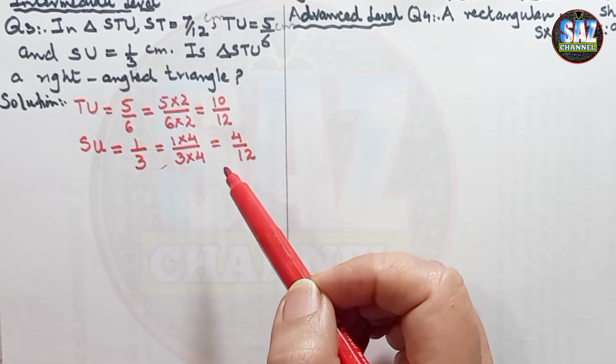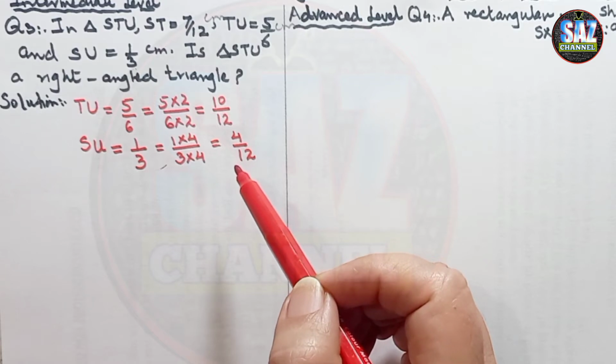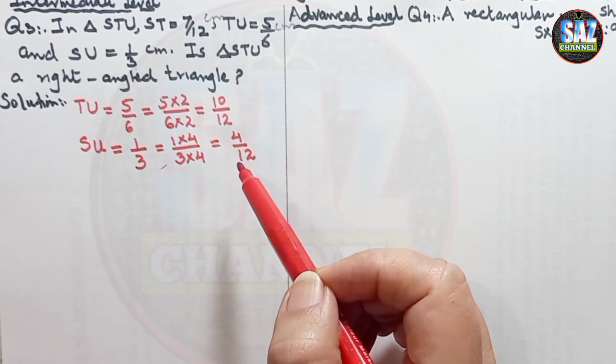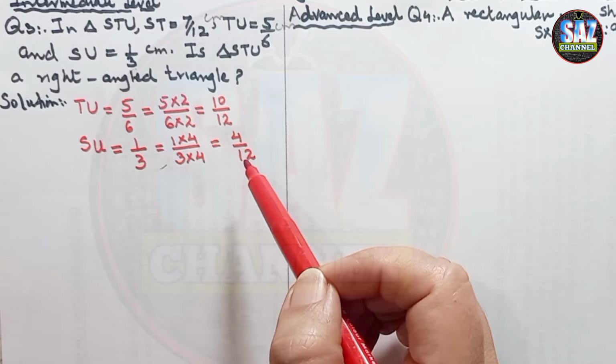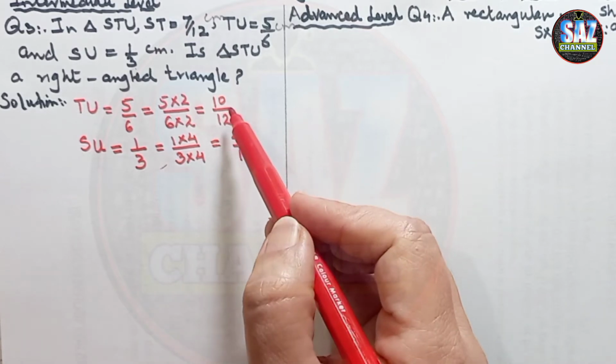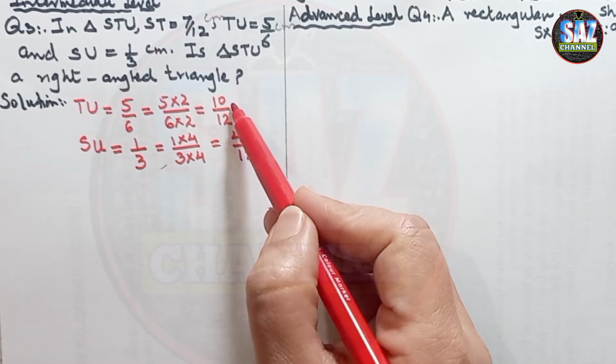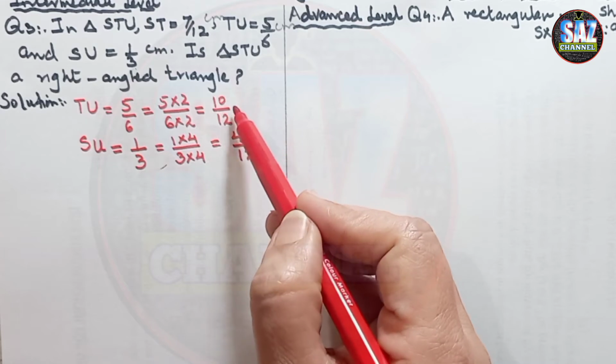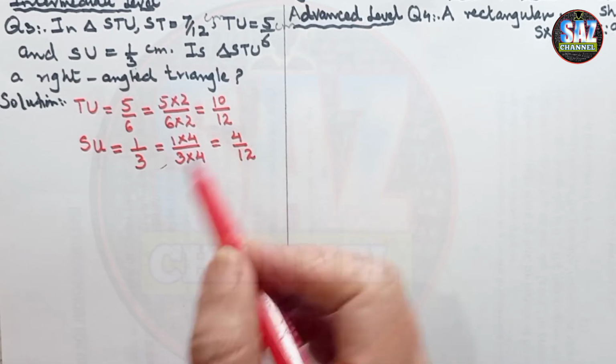Then we know the rule of fractions, that when denominators are the same, the larger the numerator, the larger the fraction is. So according to that rule, the largest fraction will be 10 by 12, or the longest side will be 10 by 12.